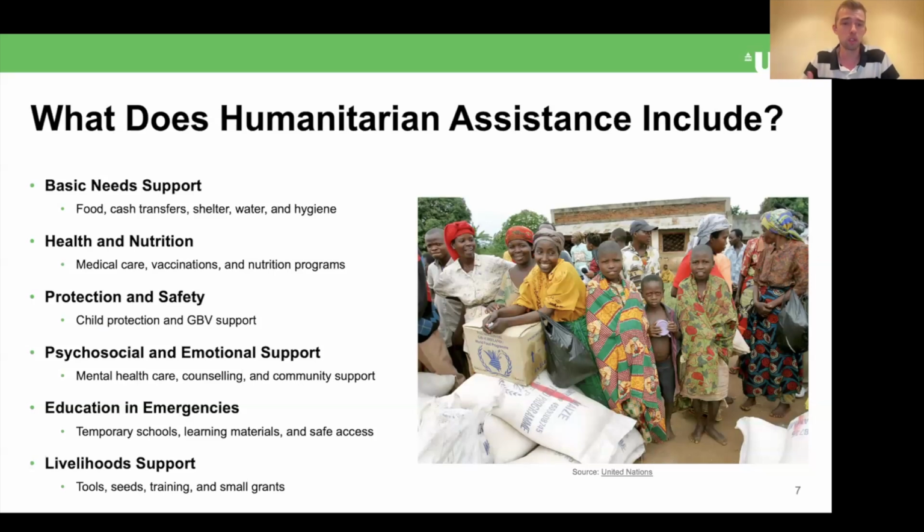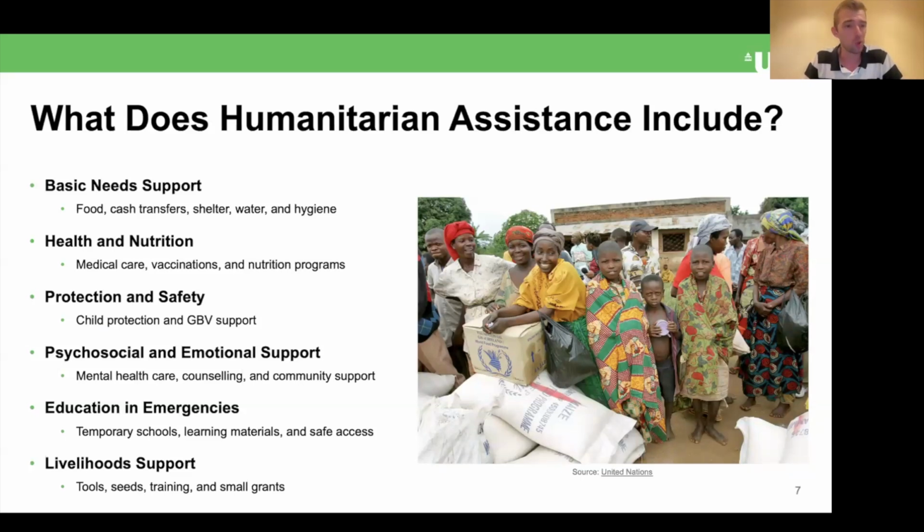Now, for them, what does humanitarian assistance include? Imagine that there is such a disaster happening. Humanitarian assistance includes mostly basic needs support: initial food assistance, cash transfers, which we'll talk about in a little more detail, shelter, water, and hygiene.